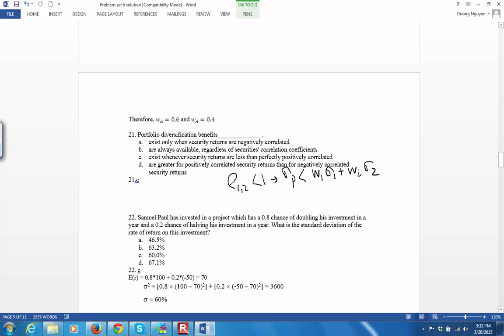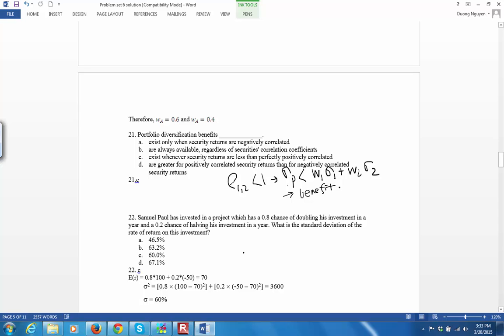So what it means is you have the benefit of diversification, as long as the correlation is smaller than 1. The only time you don't have any benefit is when the correlation is exactly equal to 1.